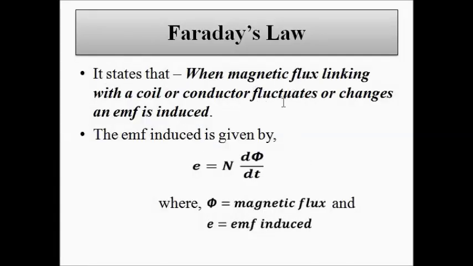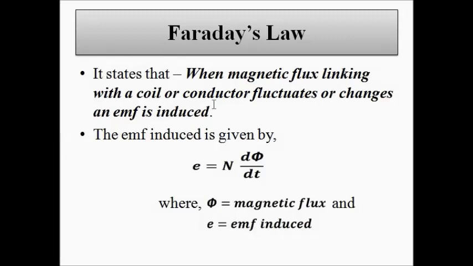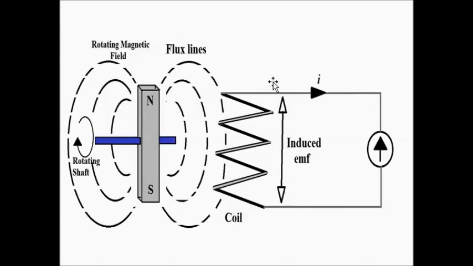When this magnetic flux fluctuates or changes, because the magnetic field is not uniform, it is not same everywhere, so when it fluctuates or changes, there will be an EMF induced across this coil. So whenever the magnetic field or the flux associated with this coil changes, there will be a voltage, an EMF that will be induced across it.